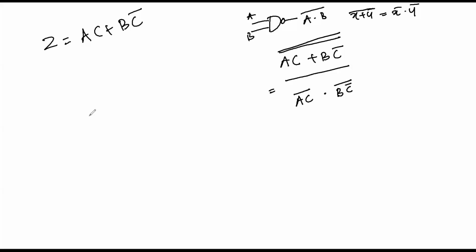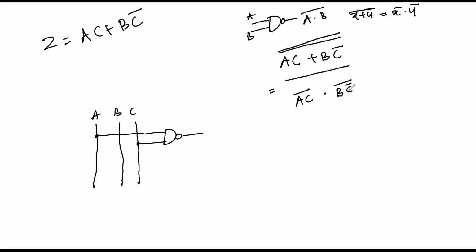We can draw the circuit. Now we will have A, we have B, we have C. First of all, let's make AC bar. How do you make AC bar? You put a NAND gate, you get A, B, here C. So I will put a NAND gate on A and C. So this will give us AC bar. Next, what I have to have is BC bar, but first of all, I need C bar. Now to get a C bar, I will take a NAND gate.